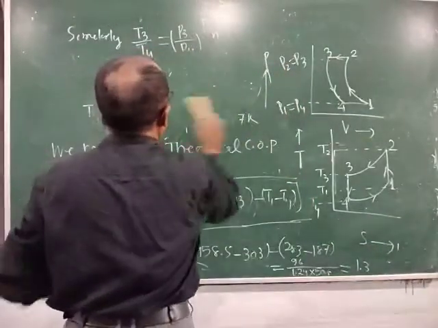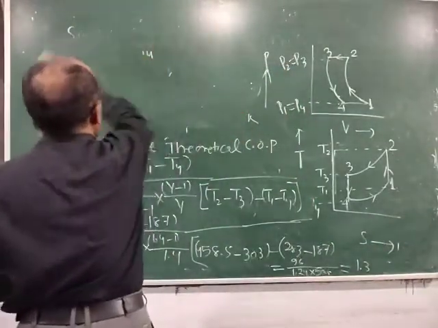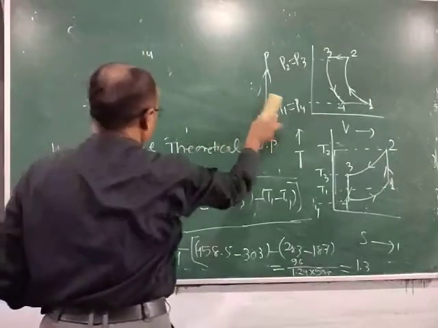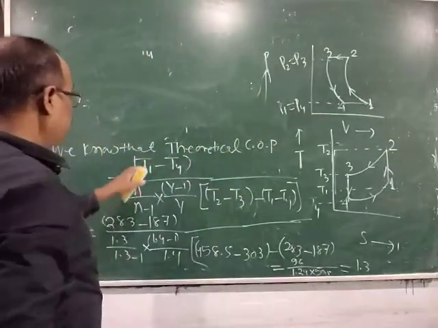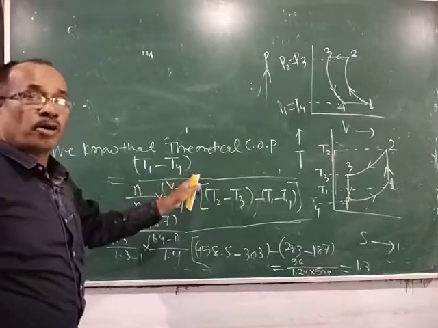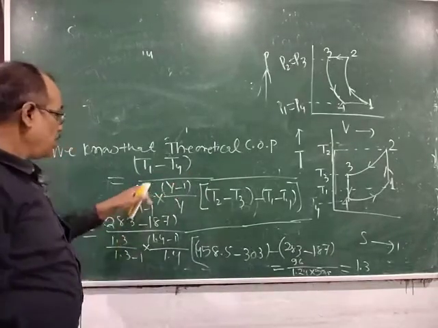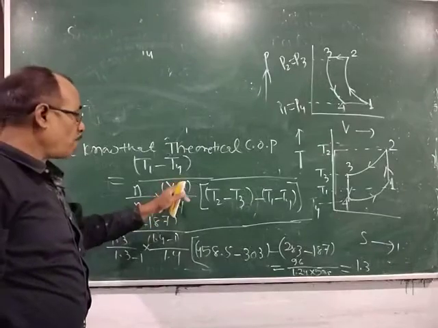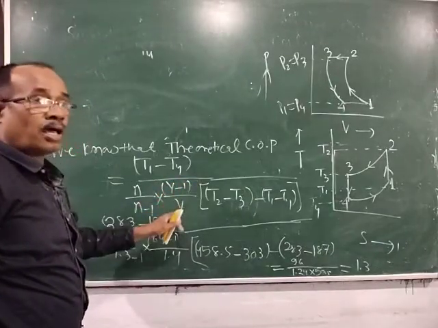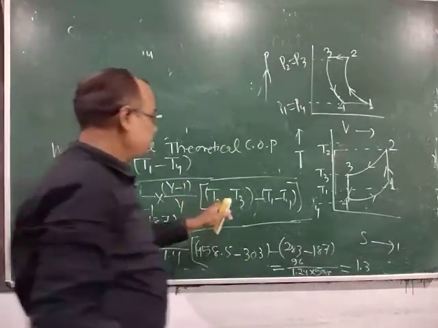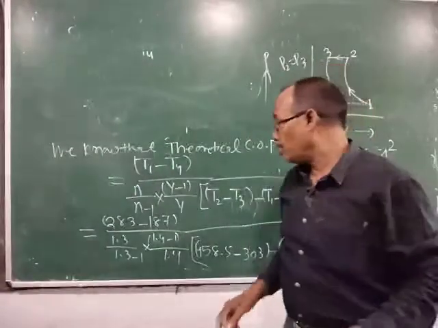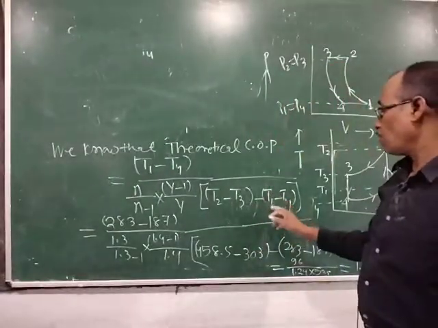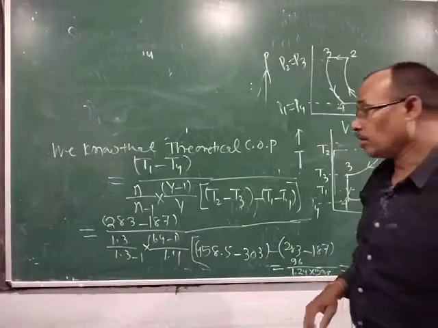We know that theoretical coefficient of performance is given by (T1 minus T4) divided by (n by n minus 1) into ((gamma minus 1) by gamma) within bracket (T2 minus T3) minus (T1 minus T4).